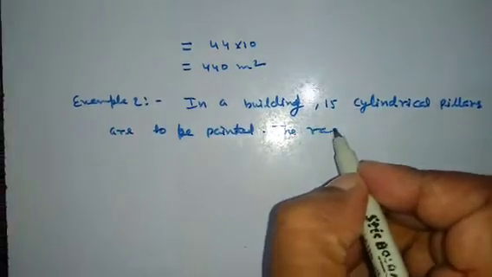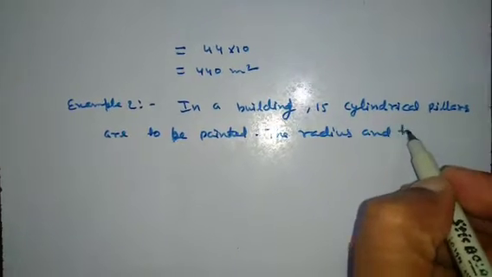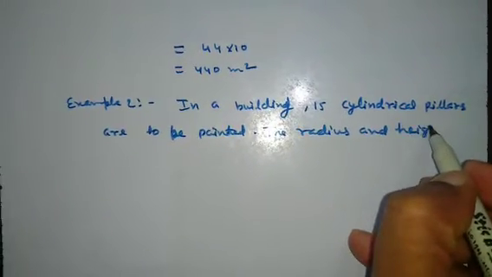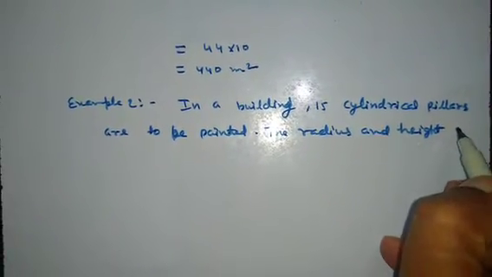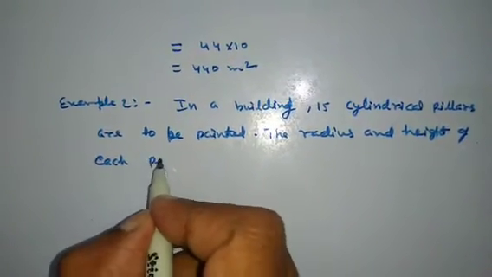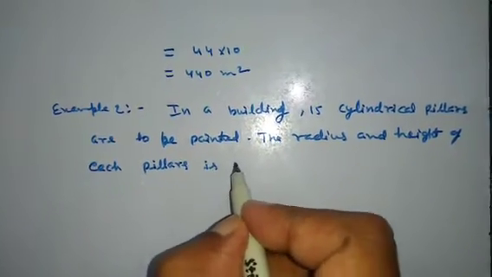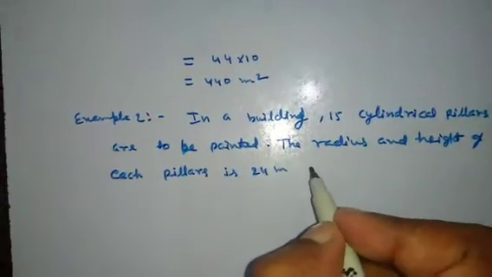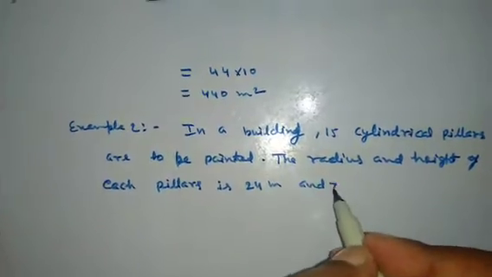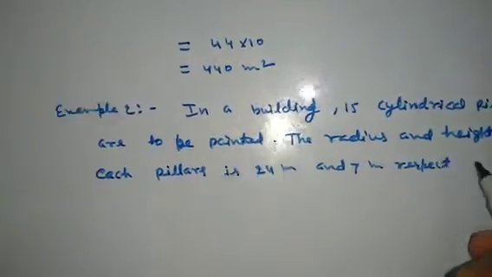The radius and height of each pillar is 24 meter and 7 meter respectively.